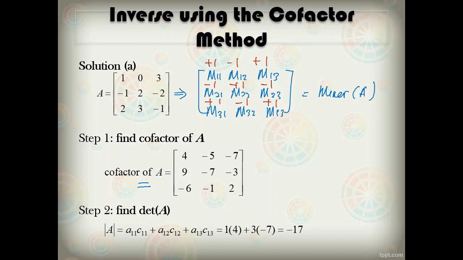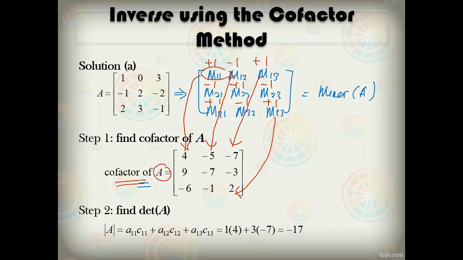So you multiply each positive 1, negative 1 to your minor and then you get the elements for your cofactor. You transform all here, the multiplication of each of these signs, and you get your cofactor.